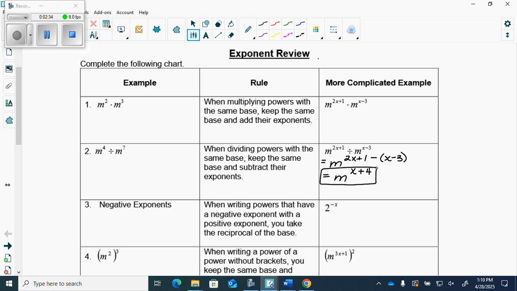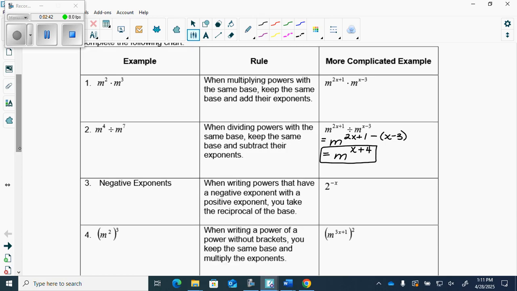Negative exponents. We were taught that we can move any negative exponent to a positive exponent by moving it to a different place. So, for example, if I had 1 over a to the negative 2, even if I had a 6 down here, let's do this because people get confused with that. Is the 6 to a negative exponent? No, the 6 is to a 1.